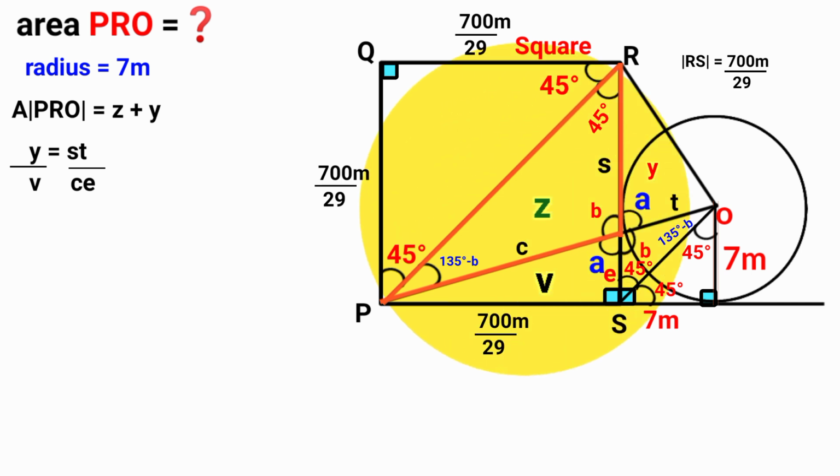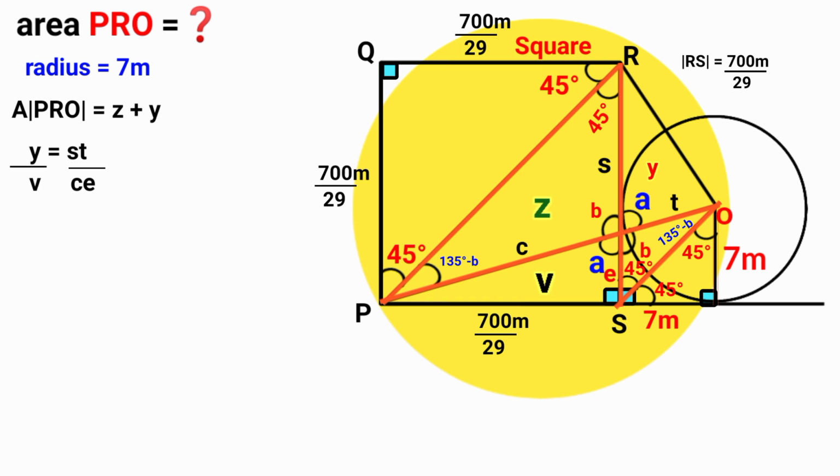This triangle has its angles to be 45 degrees, B, and 135 degrees minus B. This triangle also has its angles to be 45 degrees, B, and 135 degrees minus B. That means they are similar.